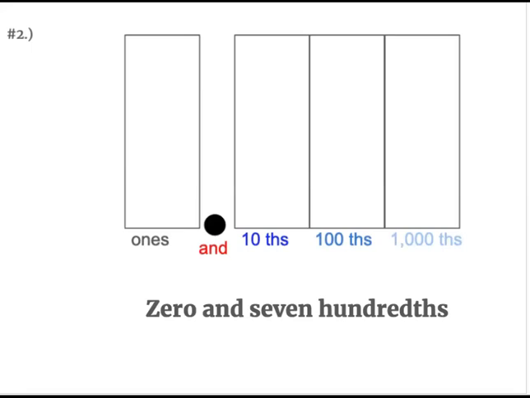Okay, next up, 0 and 7 hundredths. 7 hundredths. Where's the hundredths place? Here's my decimal. Tenths, hundredths. It says 7 hundredths. Sorry for the squiggly line. I'm going to put 7 hundredths there.